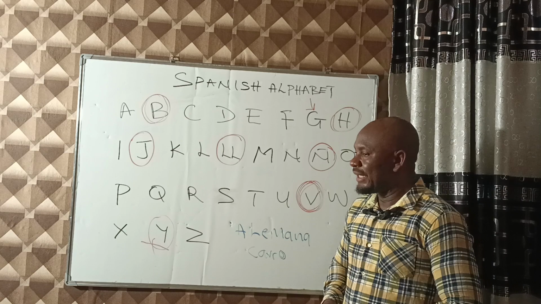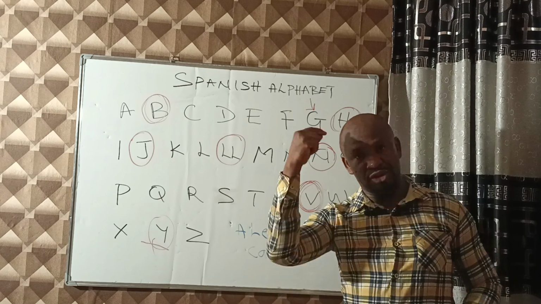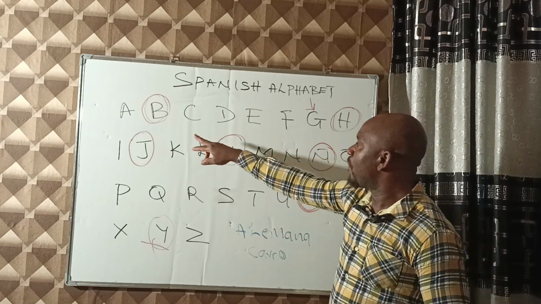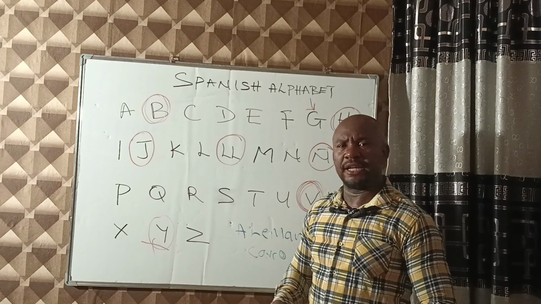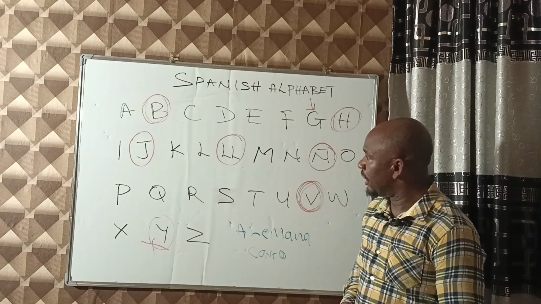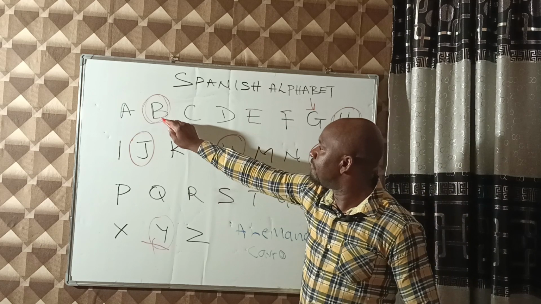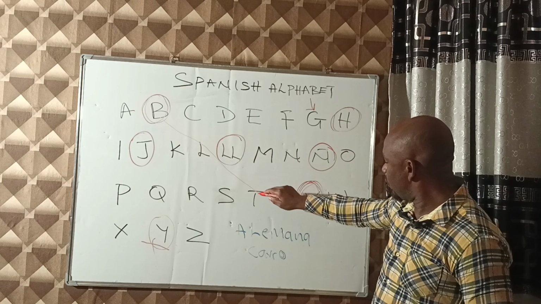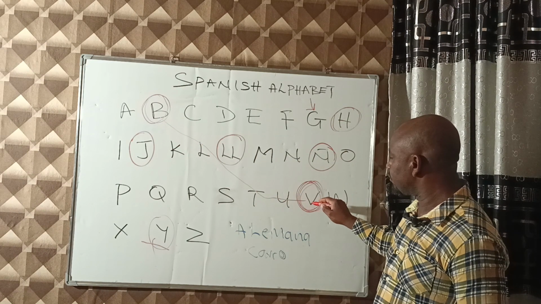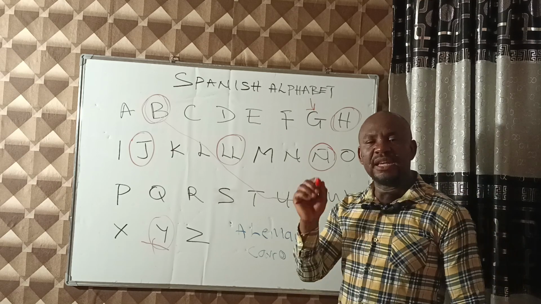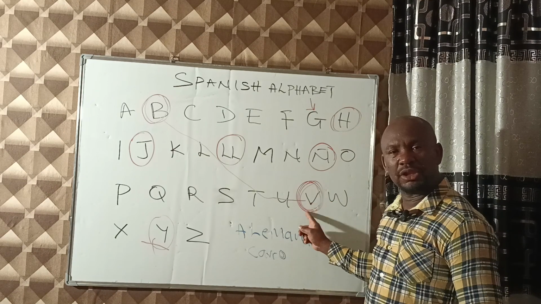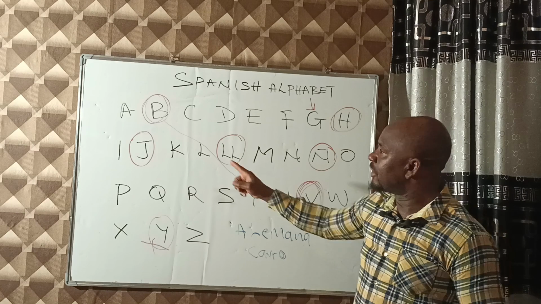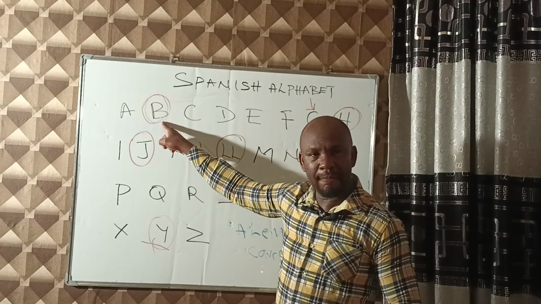Okay. Now here's the trick, which is the most important thing. We have be. Basically, in Spanish, there's a cross line here, the V mark. This is where you have V. V is never pronounced in Spanish. Anywhere you see the letter V, it is pronounced as be.